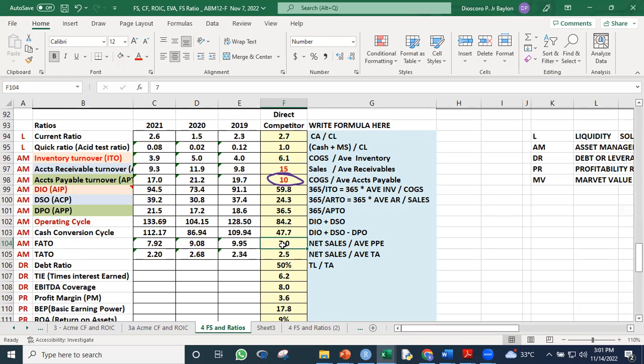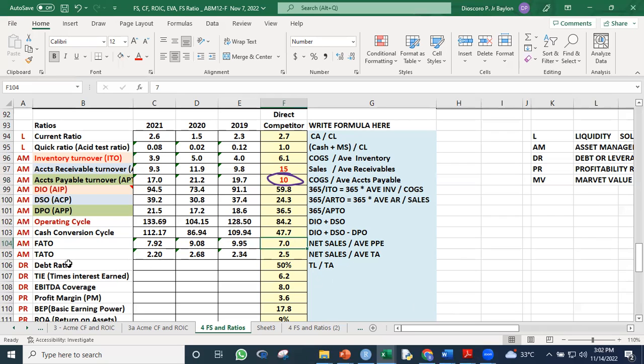Okay. So if this was 9, then once again, we perform lower or worse than our direct competitor. Kasi sila 9. 9 yung FATO nila, which means 9 for every peso of fixed assets, they were able to generate 9 pesos of sales. Okay. Same thing with TATO.